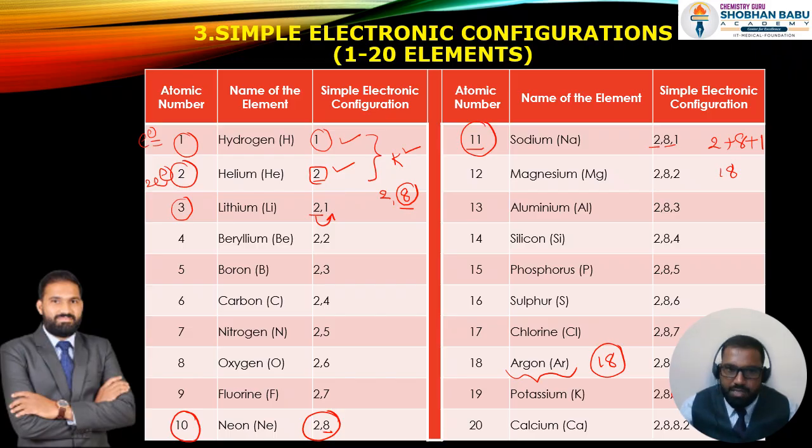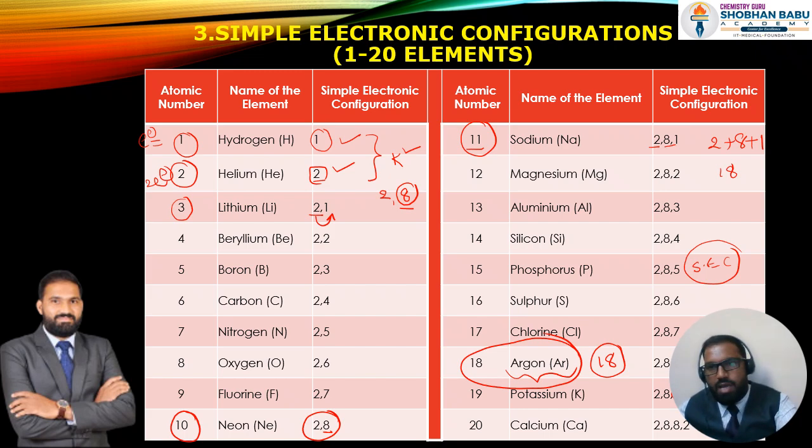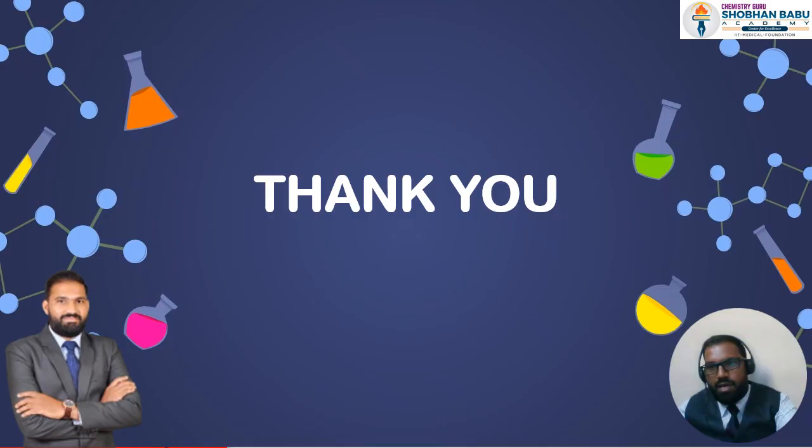So that's the reason simple electronic configuration is applicable only up to 18. It means till argon it is applicable. So with this we have concluded that we have to fill the electrons according to the shell.